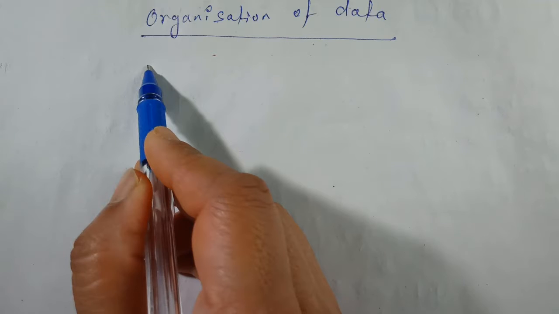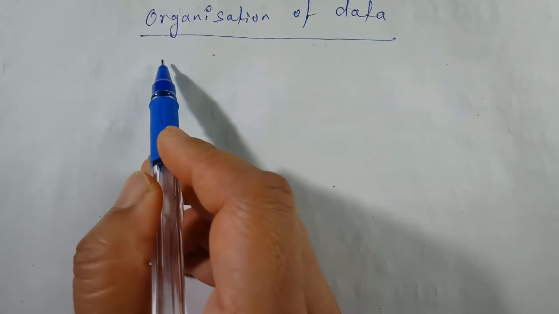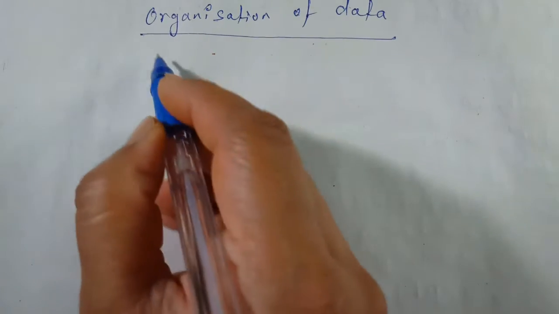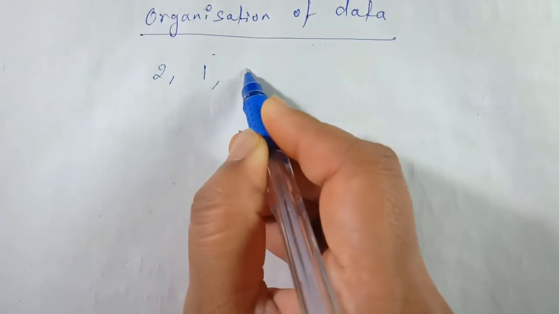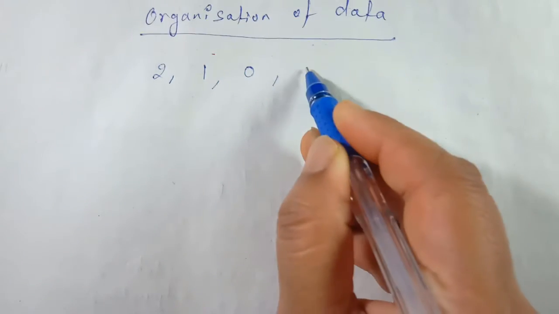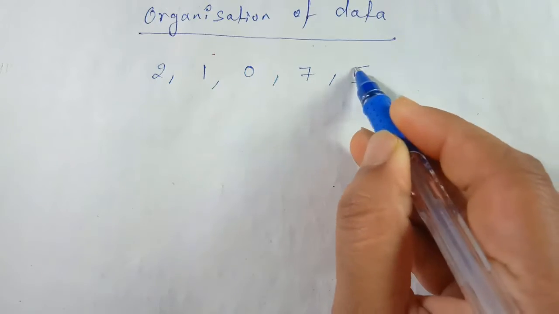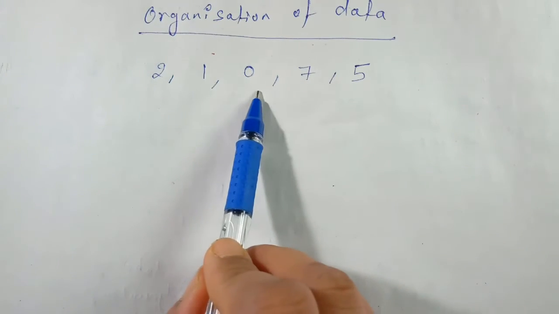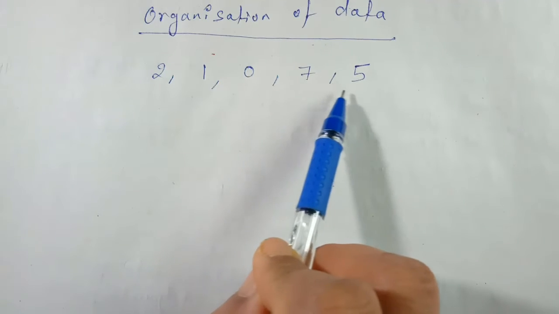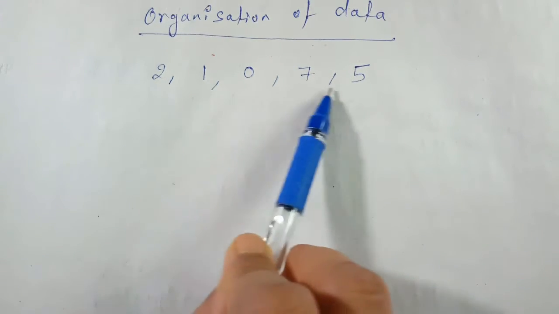Suppose we have very small data, say 5 or 6 numbers like this: 2, 1, 0, 7, 5. Suppose a student has collected information about the number of pens in the boxes of 5 students.